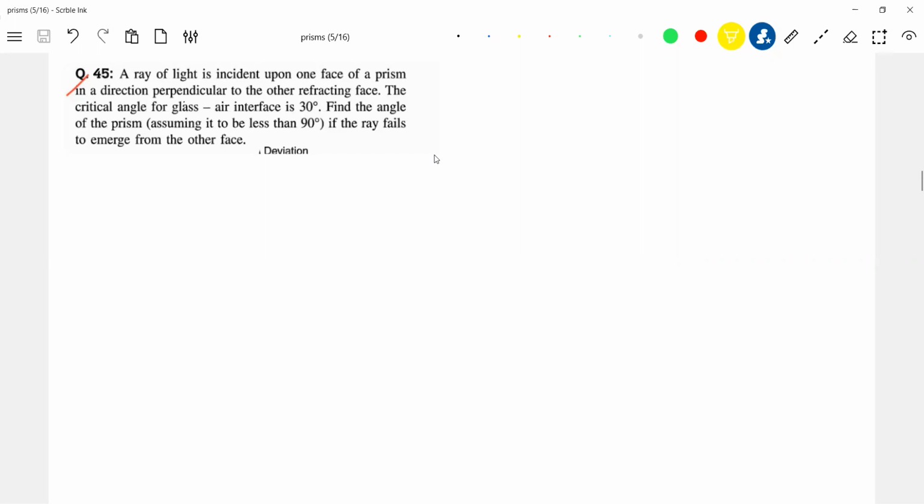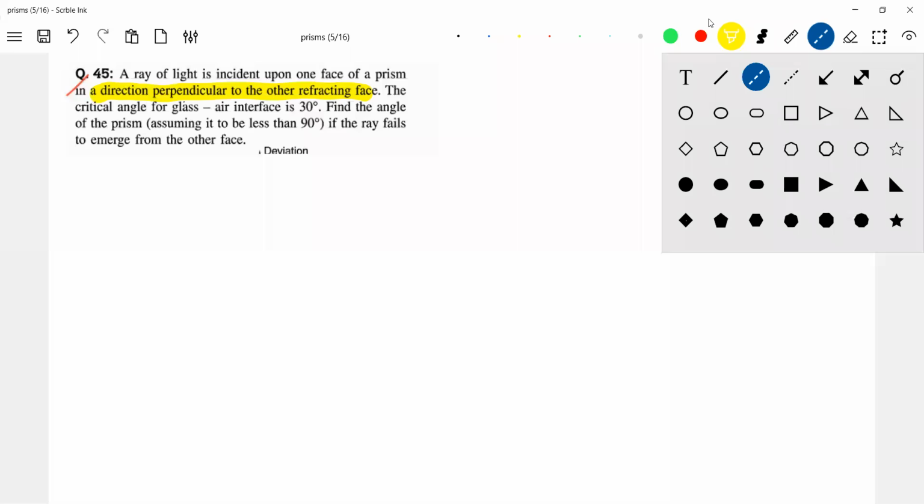I think when I'm drawing the ray diagram, this is what I should take care of. I think there's a key point. Okay, now let's get into the diagram.